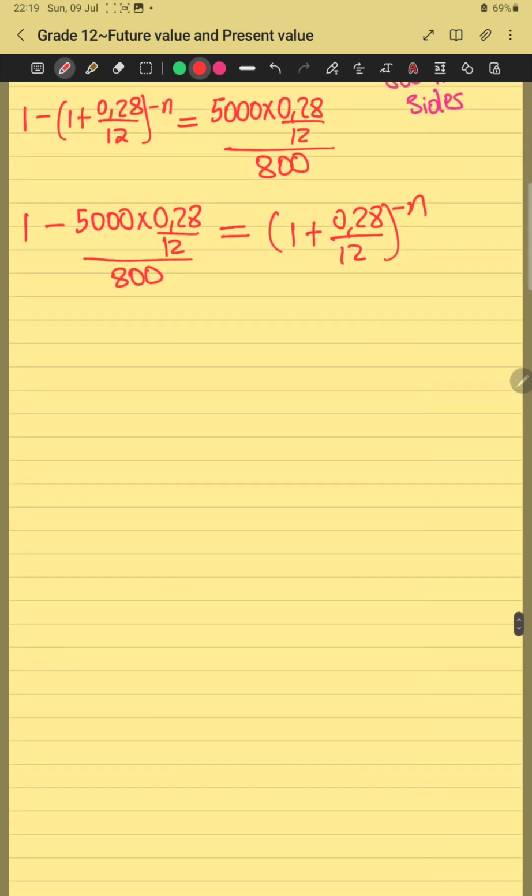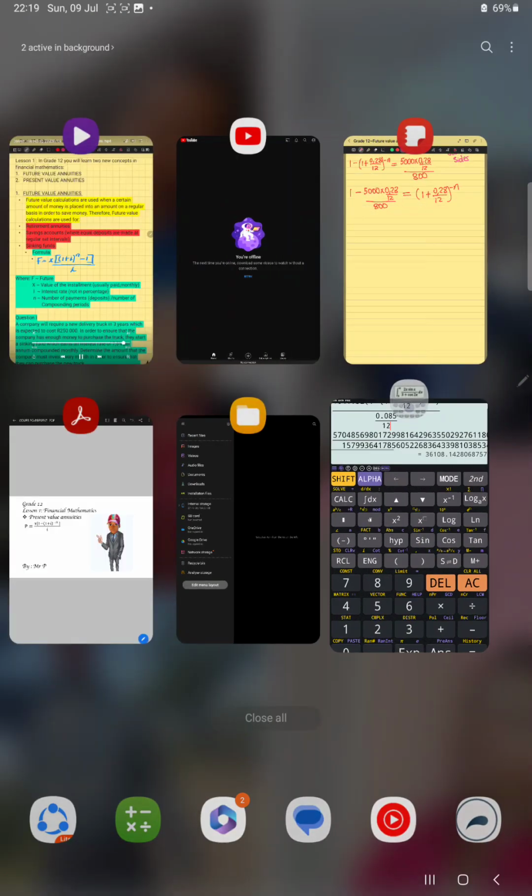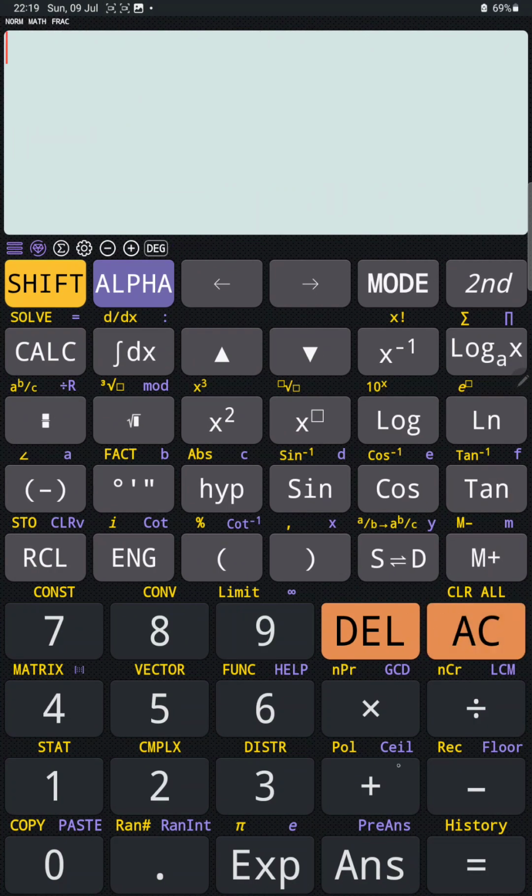All right, so we can just use our calculator and work out this one, and then we see what we have. So we've got 1 minus, and just press this one twice because there is that 5,000. 0.28 divided by 12 and 800.